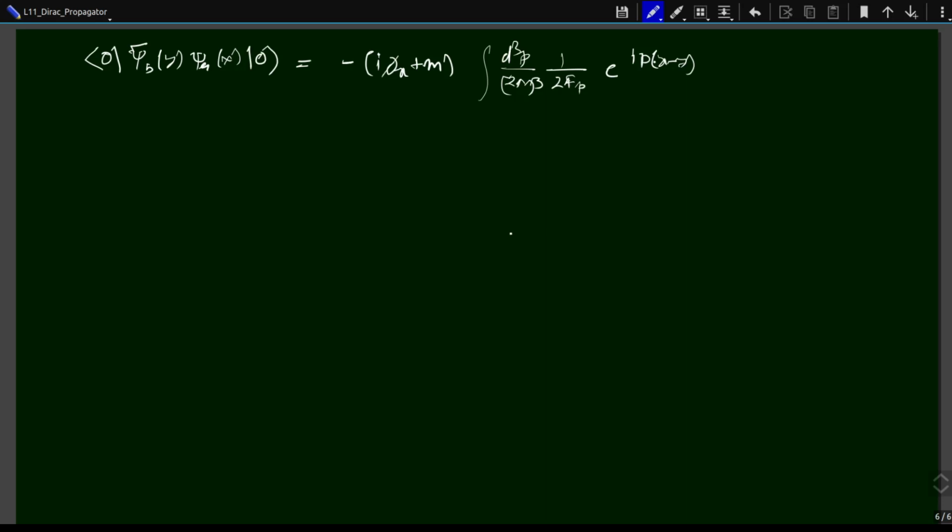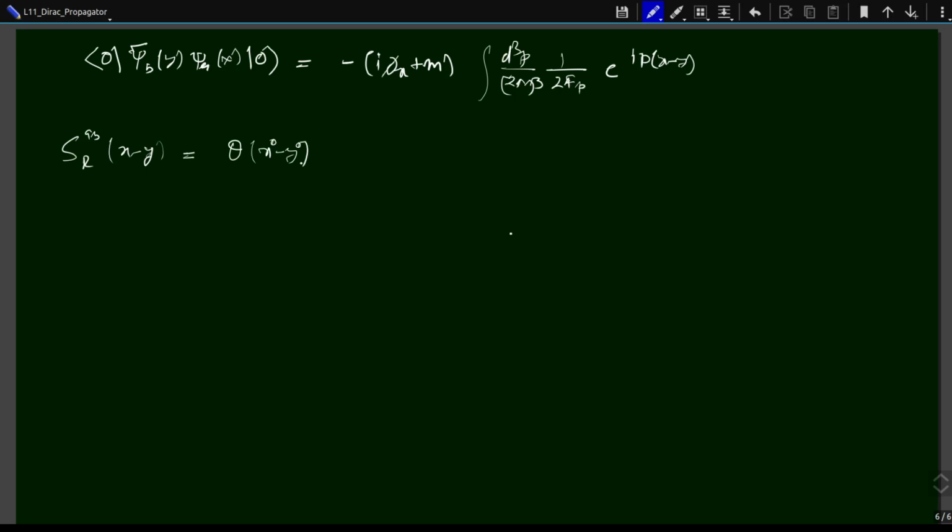So what is my retarded Green's function for this? S_R, the a-b-th element, of x minus y is theta of x naught minus y naught.